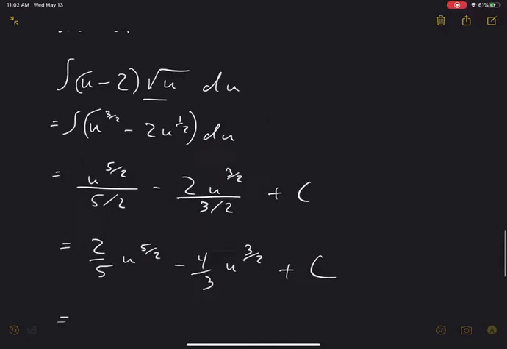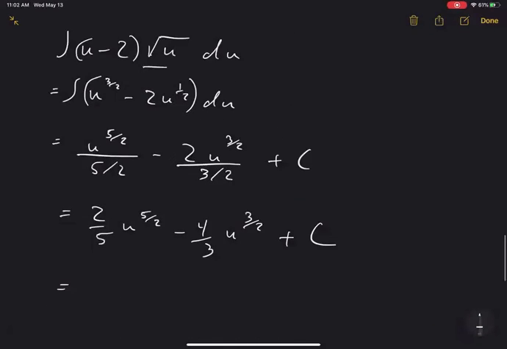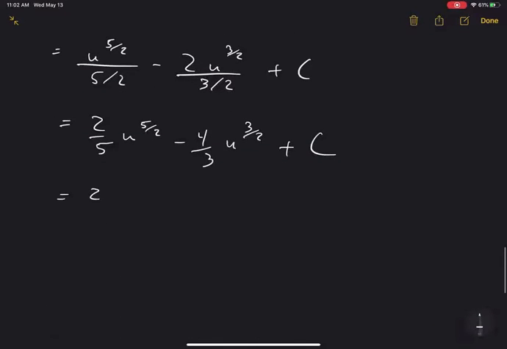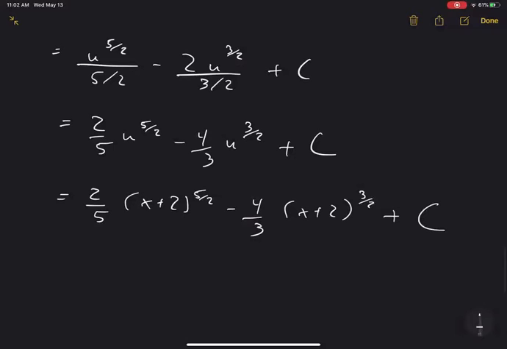What did we say our substitution was? x plus 2. So this should be our final answer. So that's a little trick when dealing with these tricky problems where this stuff outside doesn't necessarily cancel all the way.